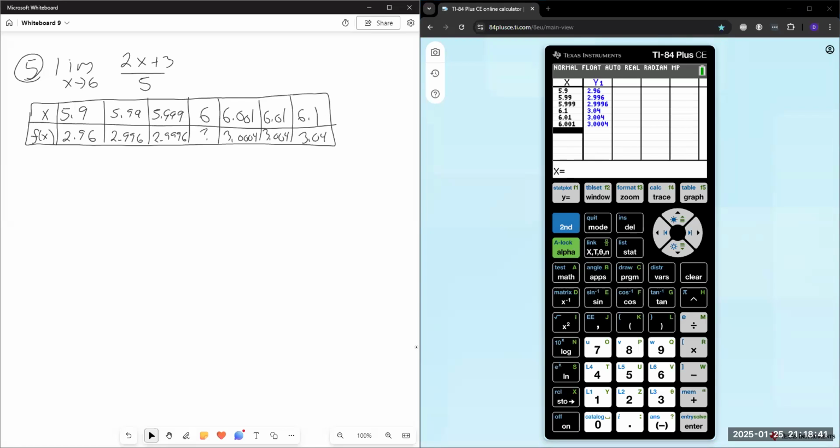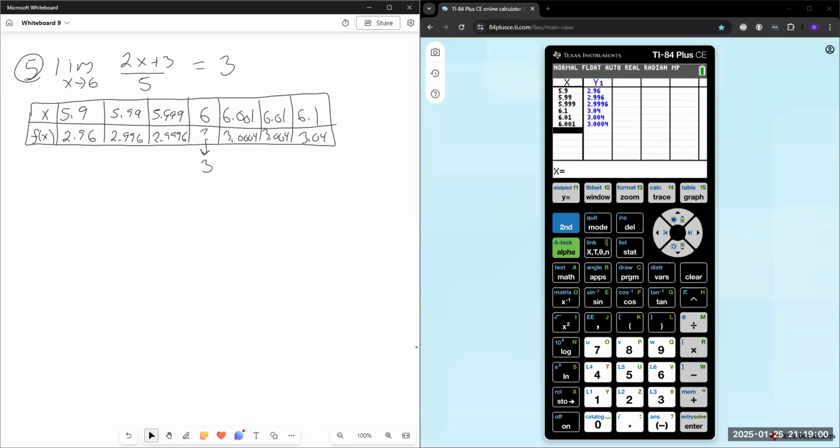So it sure looks like this is squeezing in on 3, and it is. So my limit as x approaches 6 of (2x + 3)/5 is 3, and we found that with our table.